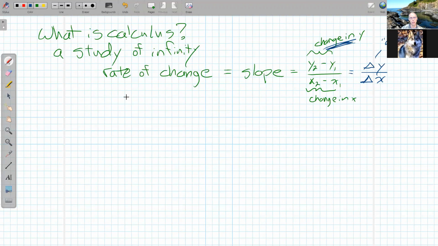And often, y is a function of x. And so any change in x is going to produce a change in y because x is our input and y is our output, right? So other things about the change in x, that's also a change in input. And that input is also referred to as our independent variable because it can do whatever it wants, sort of.